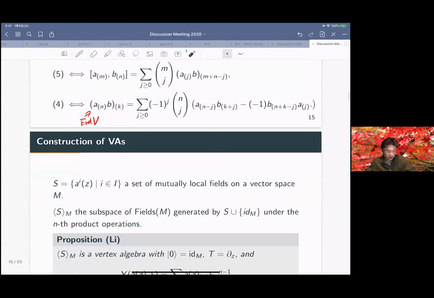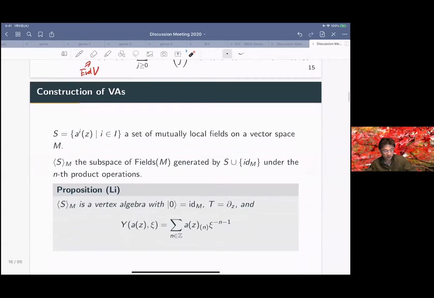You consider the subspace of fields generated by the elements a_n, the identity operator, and the successive operation of nth products. This is the smallest subspace which contains these fields and the identity operator and is invariant under the nth product operation for any n.